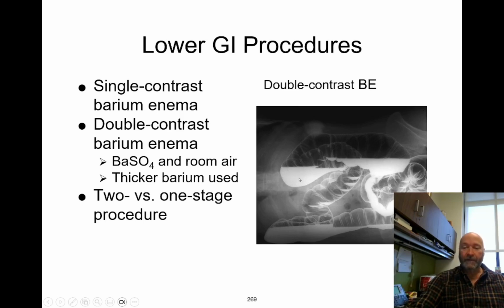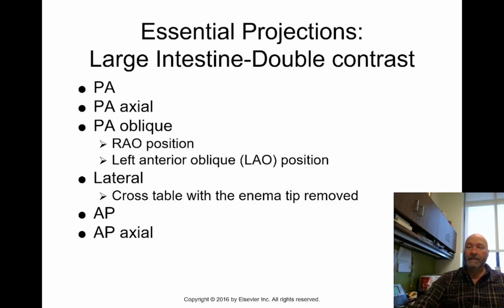But if we had these, and we do, have those lines going through the barium, you just can't see them because the barium's too hard to penetrate. So double contrast has its place, and its place is to show that mucosal lining very well.